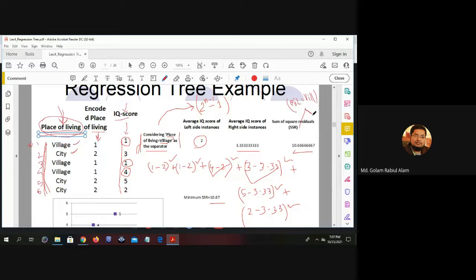This is our separator. Again, we can say true or false. So this is true and this is false. We will place the true elements on the left side and the false elements on the right side.